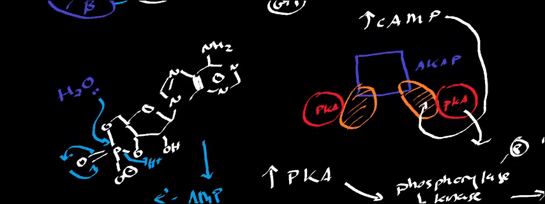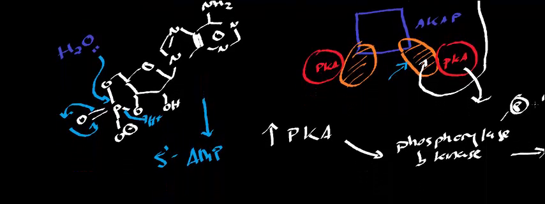If there's less cyclic AMP, then there's less binding of cyclic AMP to that regulatory protein right here. And so that means there's going to be less protein kinase A functioning. And you can imagine that AMP in the non-cyclic form is not going to have the same effect that cyclic AMP does, and you'd be right.